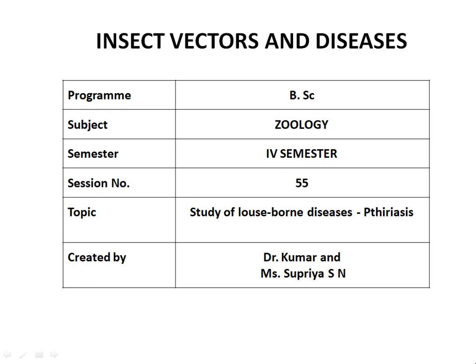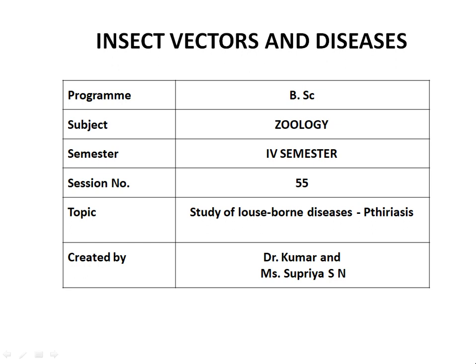The topic of today's lecture is study of human louse-borne diseases. In that, the last one is Phthiriasis. In the previous two videos, we have discussed four human louse-borne diseases, that is epidemic typhus, relapsing fever, trench fever, and vagabond's disease.